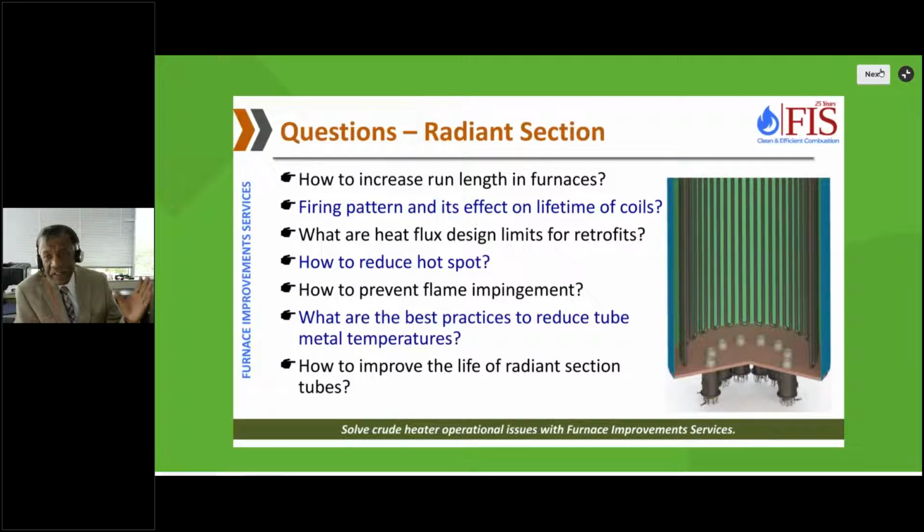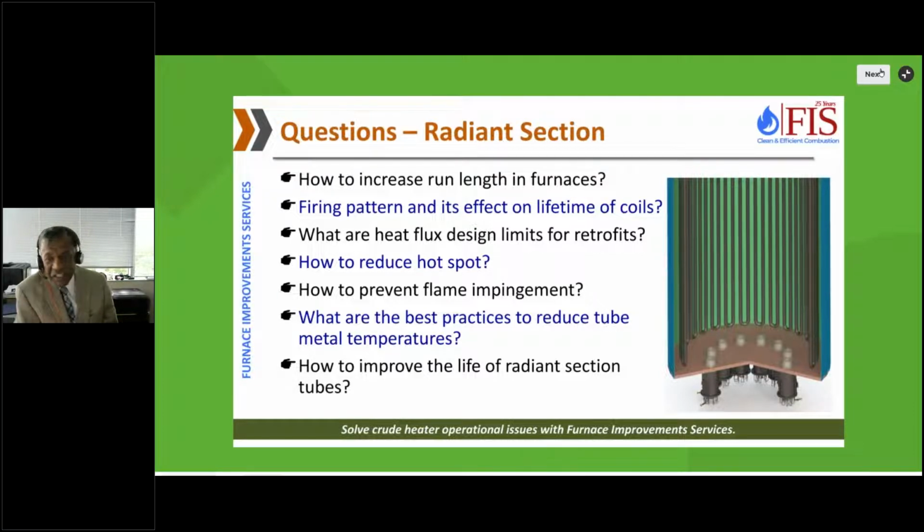So these are the readers' questions. These questions we have compiled from our participants. And you can see most of them are talking about how to increase the run length, how to increase the tube life, how to eliminate hotspots, how to prevent flame impingement, how to reduce TMTs.